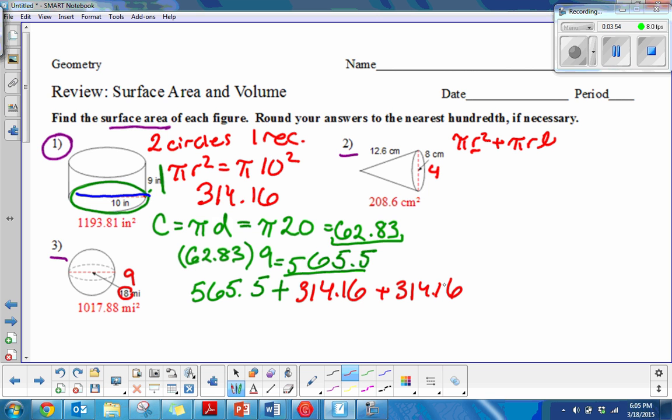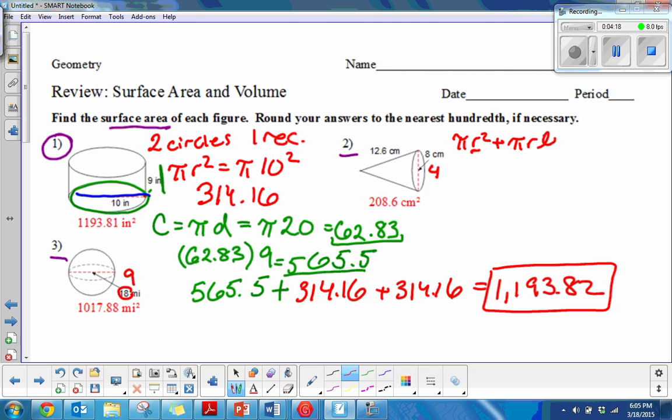So 565.5 plus 314.16 plus 314.16 gets you a final answer of 1,193.82. So be careful there, guys, with your equation. Remember, you're working with a rectangle.